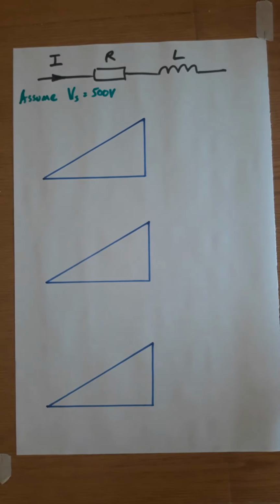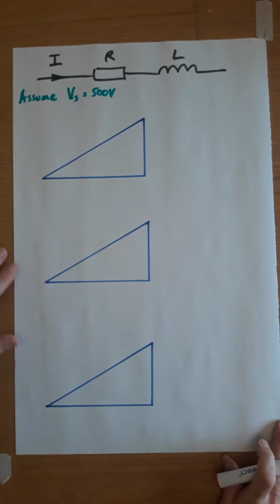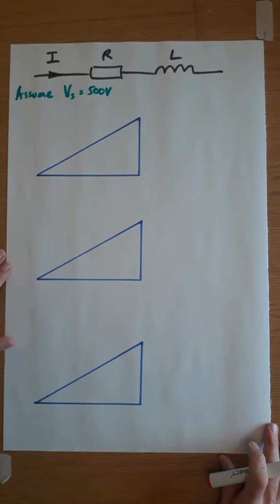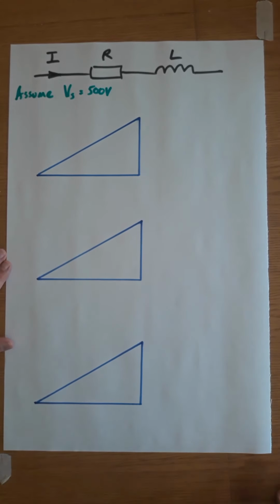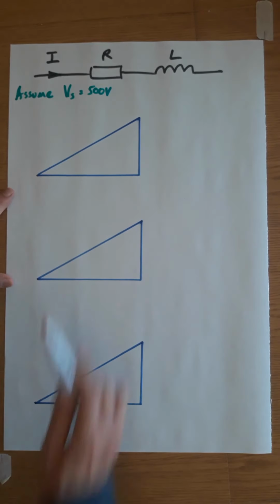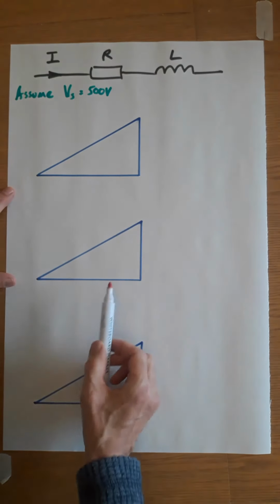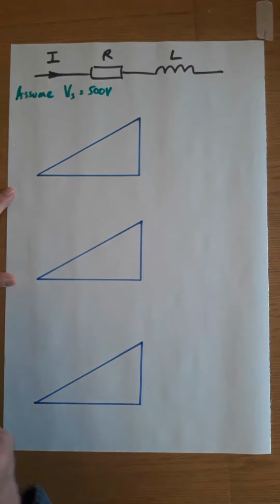I just want to revisit the triangles. I did say I'd do this at the beginning, so let's have a look at it. I have a circuit here, resistor and inductor. I've said let's assume the supply voltage is 500 volts.